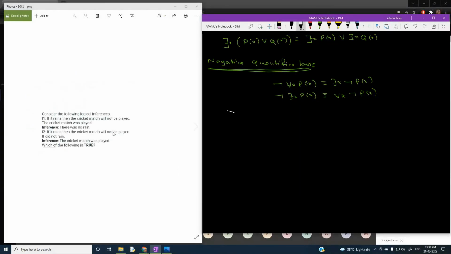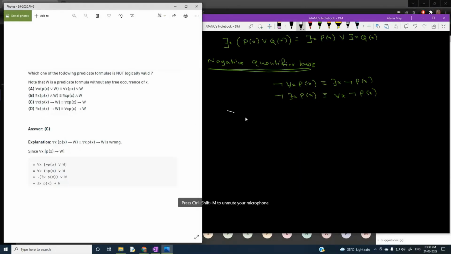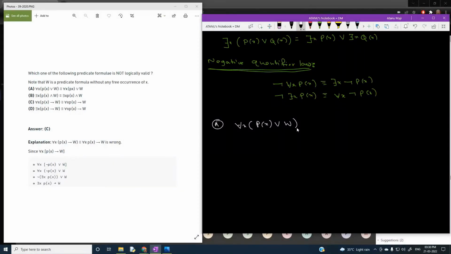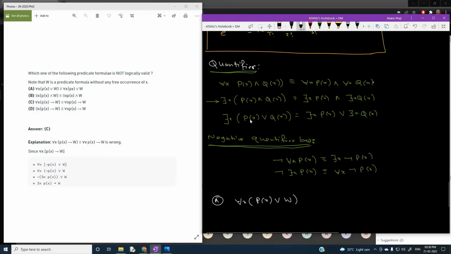For the first expression you can see that we are getting the expression like this: for all x. Number A, the option is given as for all x, px, disjunction of some proposition w there. So between these 2 propositions we are getting one disjunction, but here I have not written anything for the universal quantifier. अभी disjunction के लिए universal quantifier है, ऐसा कोई रूल लिखा नहीं.